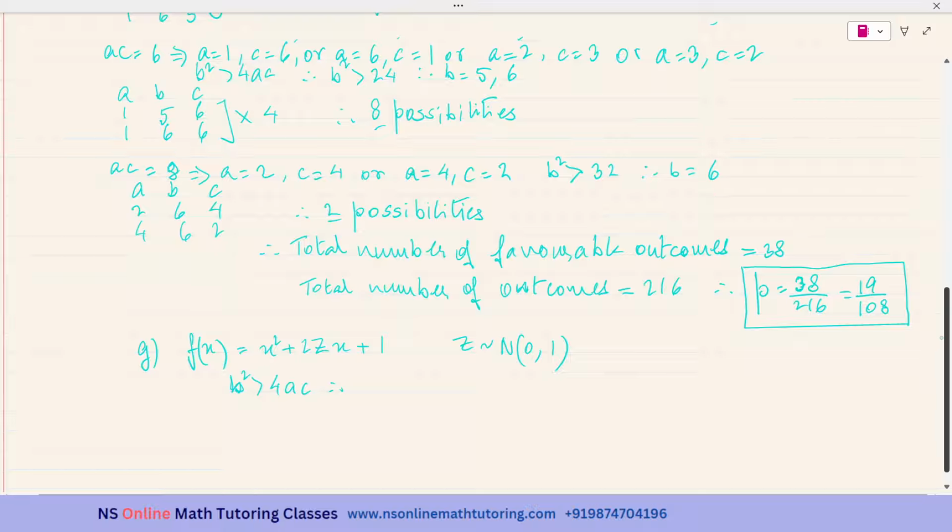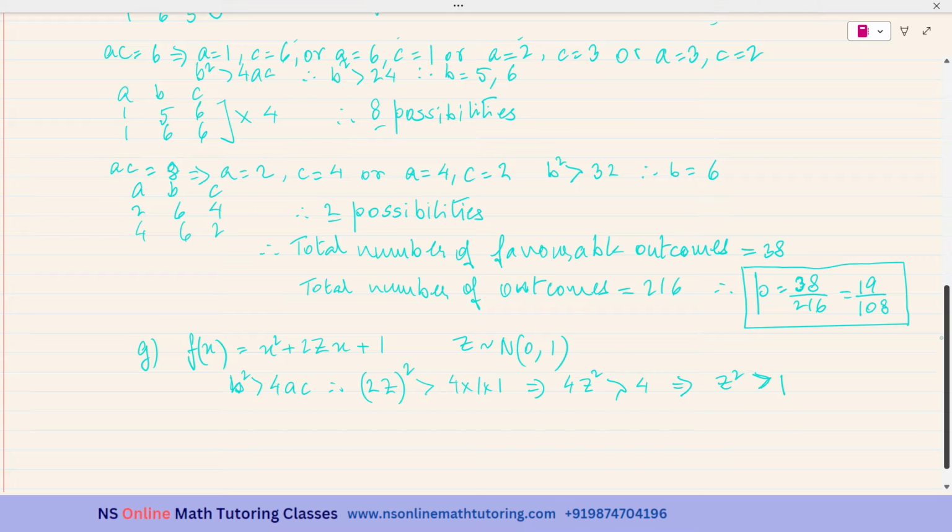Therefore, b square is what? 2z, this thing whole square, and is greater than 4ac. So 4 times 1 times 1, which is 4 z square is greater than 4, implies z square is greater than 1, right?